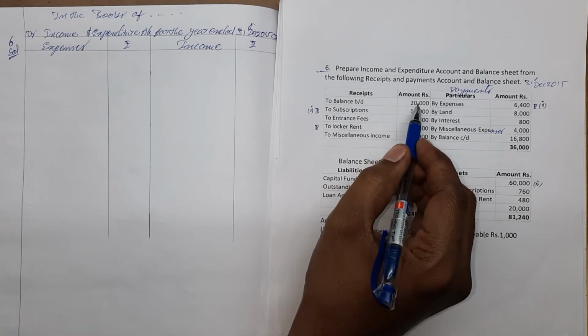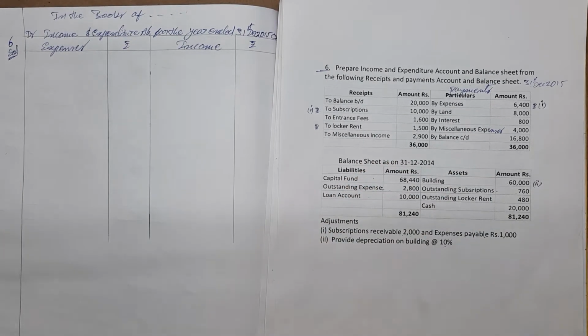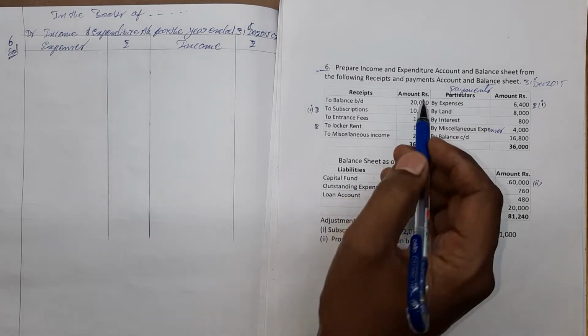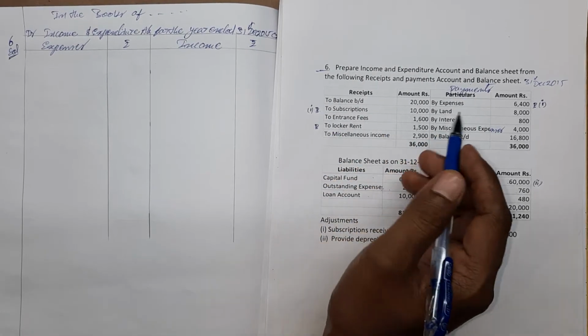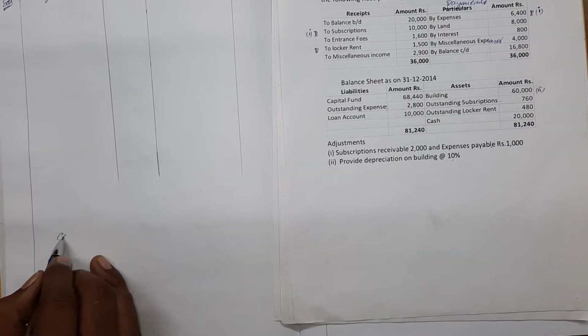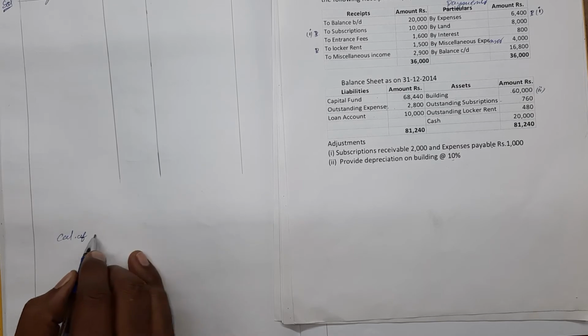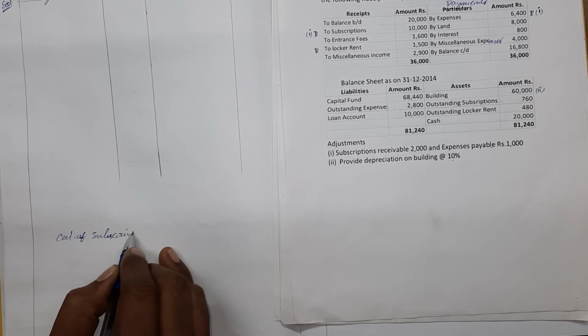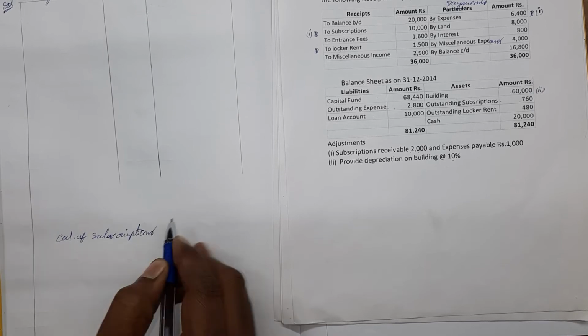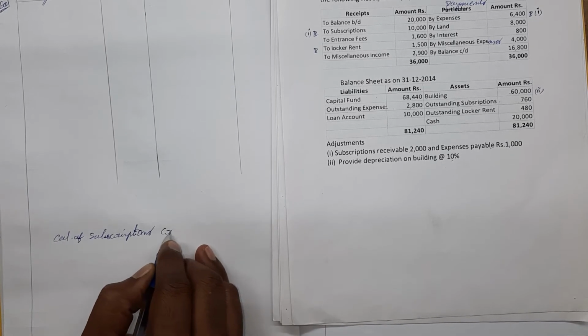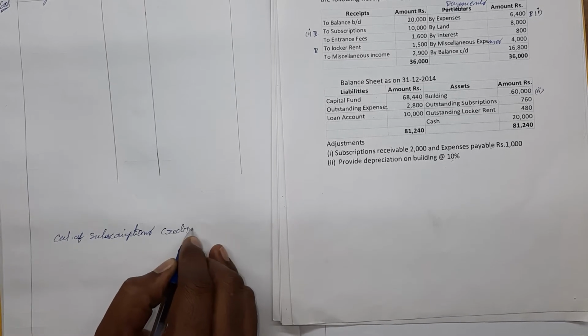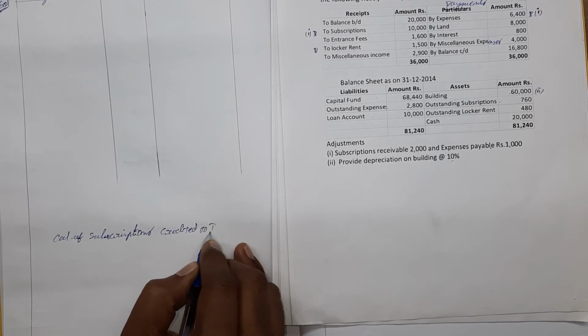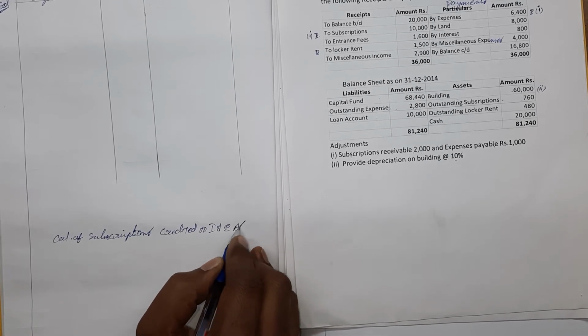In this, the opening balance is already given in the opening balance sheet, so there is no need to write it. And for subscriptions, there is an adjustment, that is the calculation of subscriptions credited to the income and expenditure account.